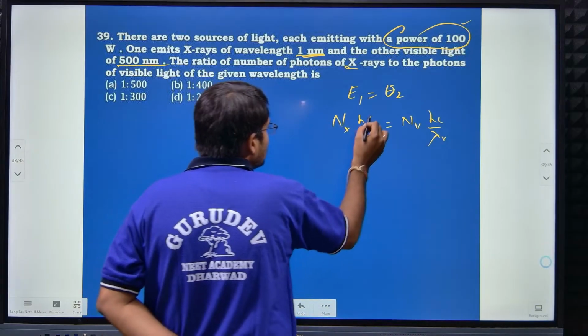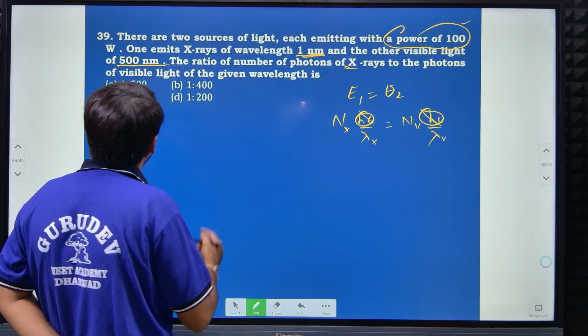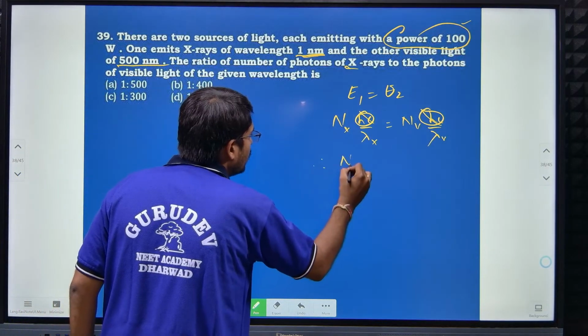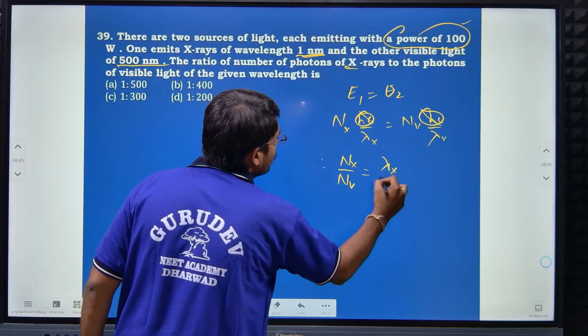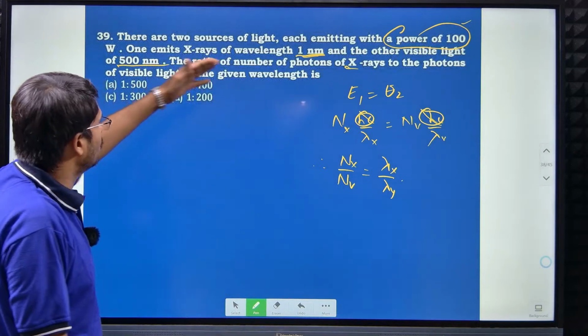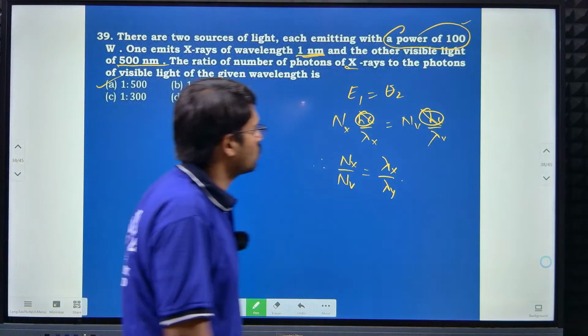Since hc is a constant, we can easily cancel that. What we want is the ratio of nx to nv, so we can write nx divided by nv as lambda x divided by lambda y. Lambda x is 1 nanometer, lambda y is 500, so the ratio is 1:500.